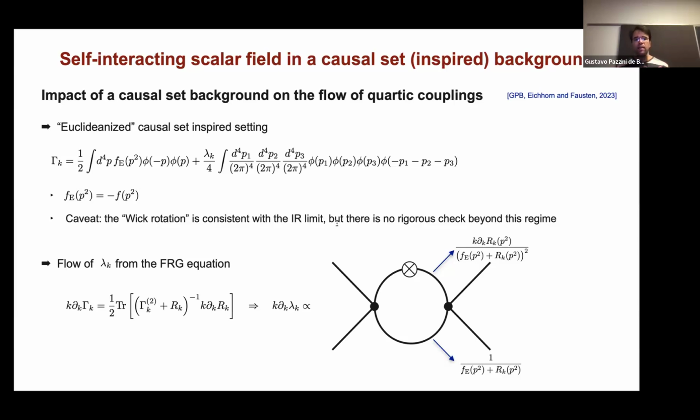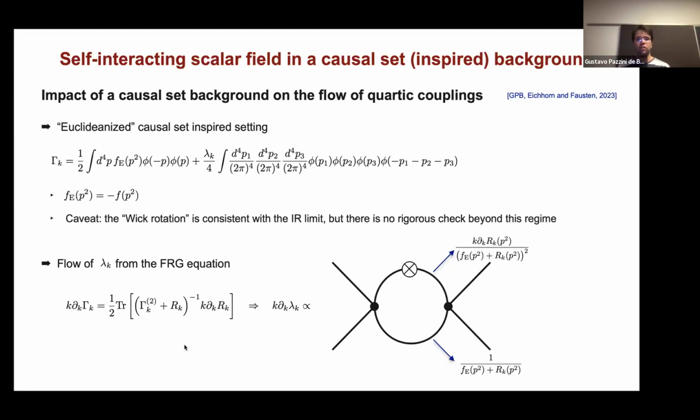So from that, the idea was to extract the flow of the quartic coupling lambda using the FRG equation. There is also the hypothesis that the causal set background changes only the propagation of the scalar field, but not the vertex. This is also a kind of strong assumption.